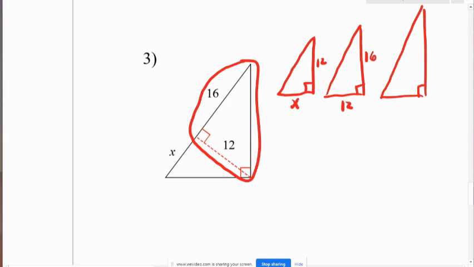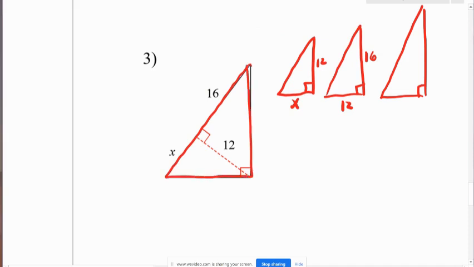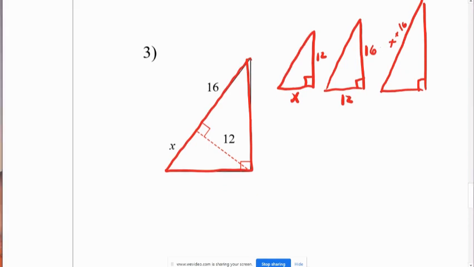And for the biggest triangle, this one, the hypotenuse is x plus 16, but we don't have any other pieces for that one. Okay, so we're going to use the triangles where we have two pieces of information that correspond with each other.